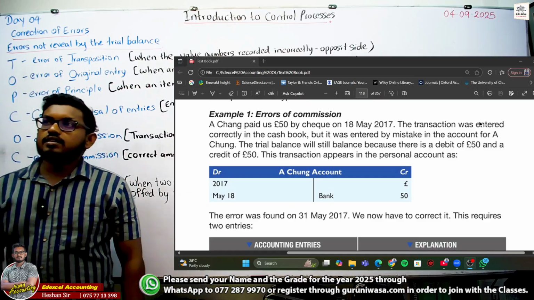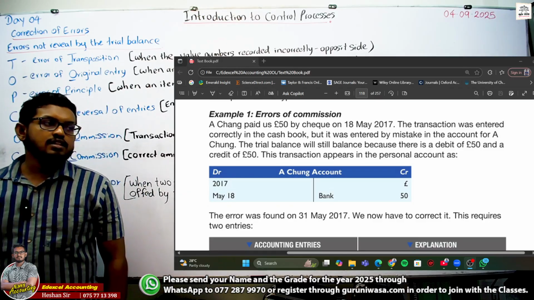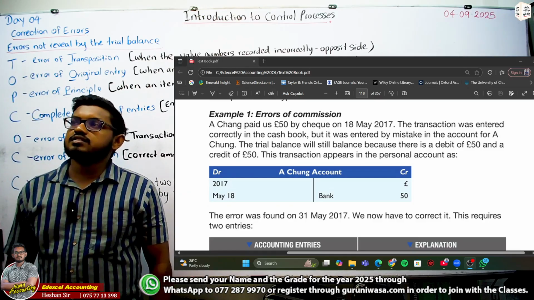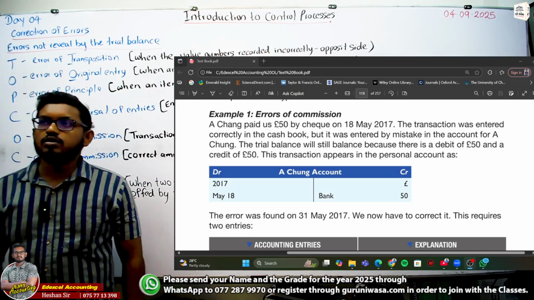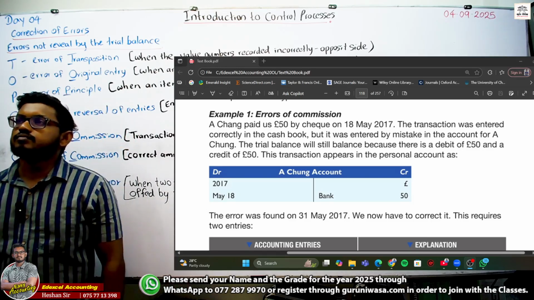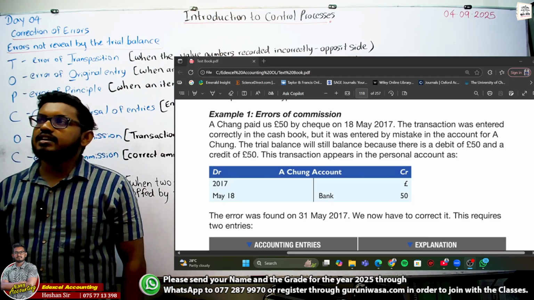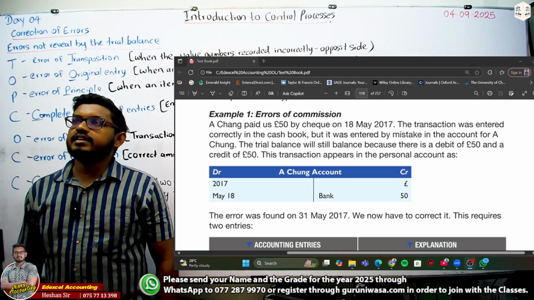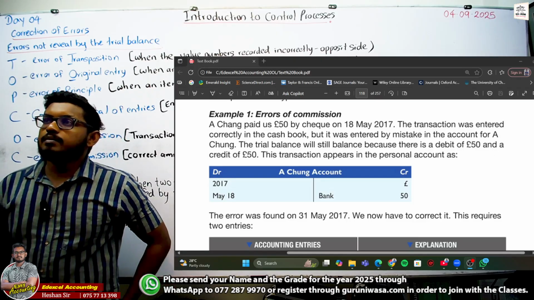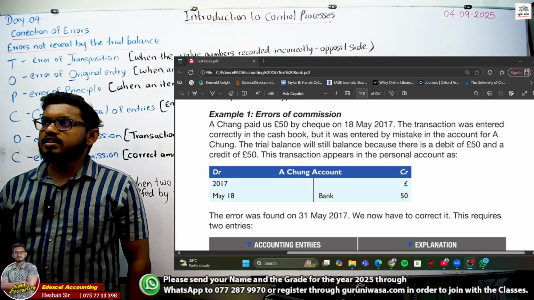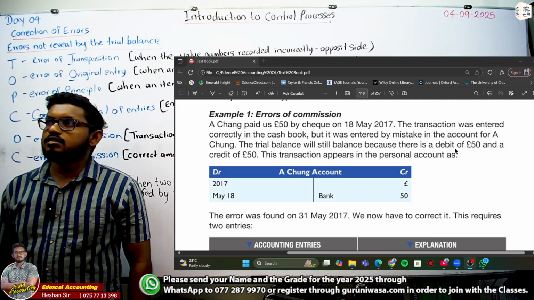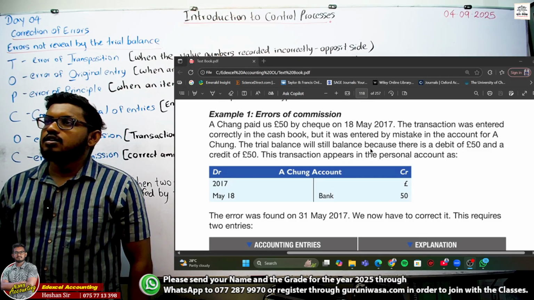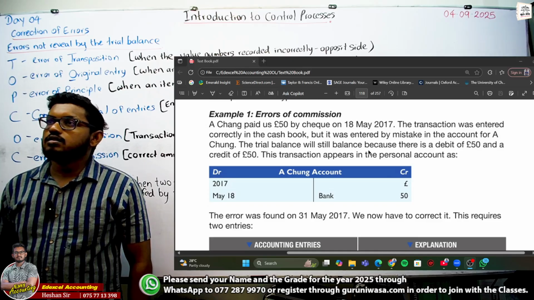A Chang paid 25 by check on 18th March 2017. The transaction was entered correctly in the cash book, cash book credited, but was entered mistakenly in the account of A Chang. The trial balance will still balance because it is debited 50 and credited 50.